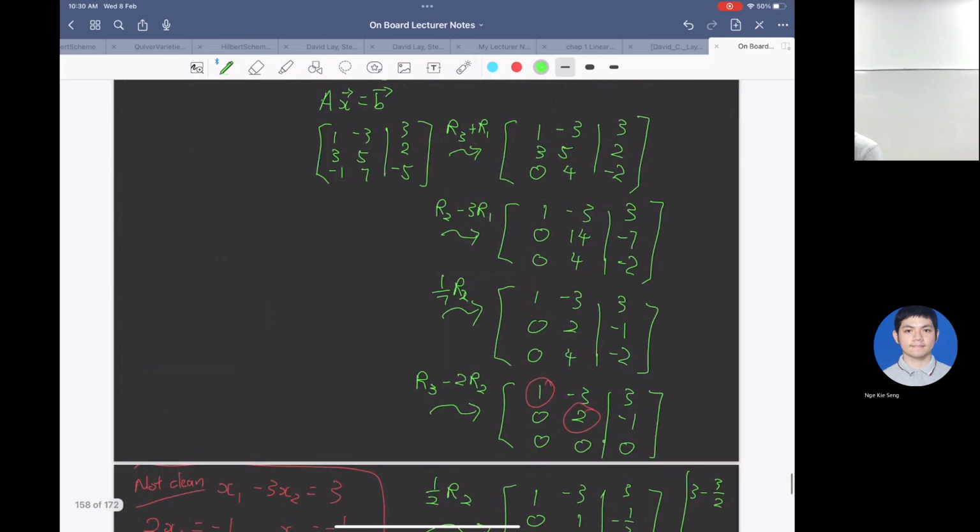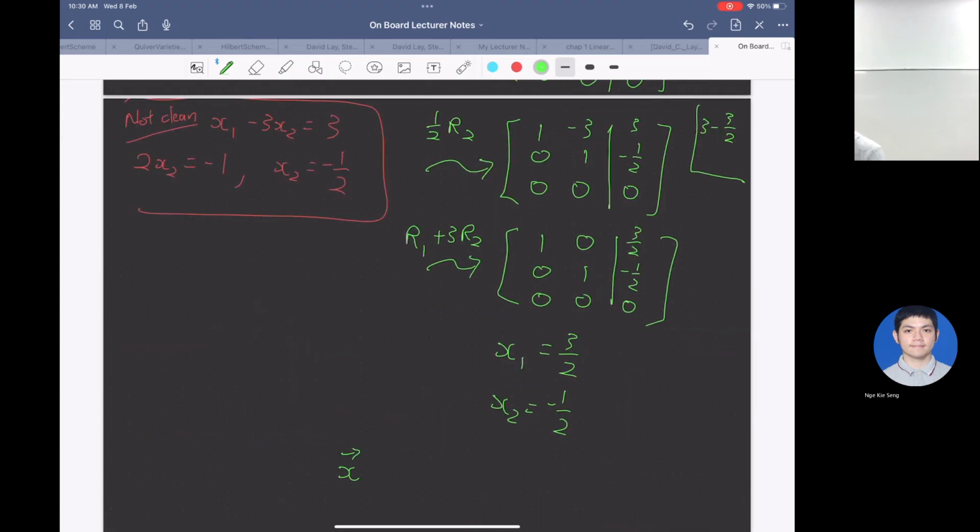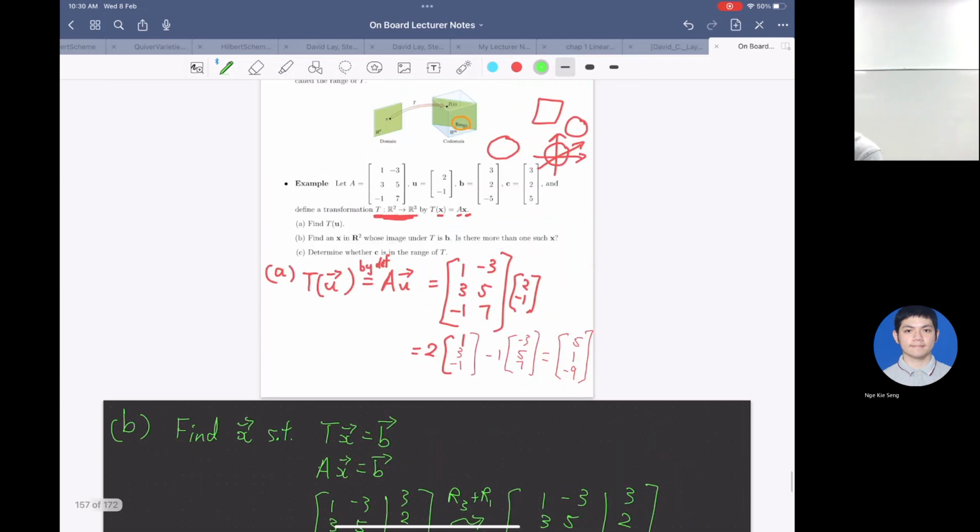So this is x bar equals 3 over 2 and minus half. Okay. Next part: is there more than one such x?